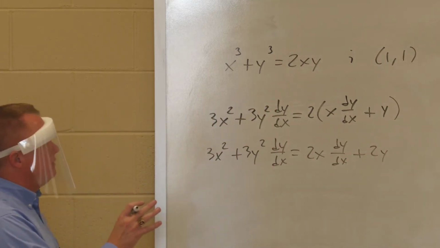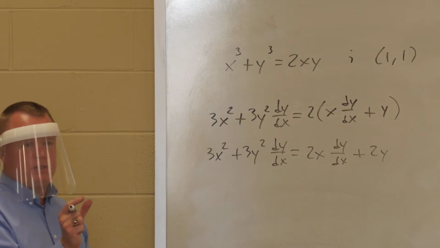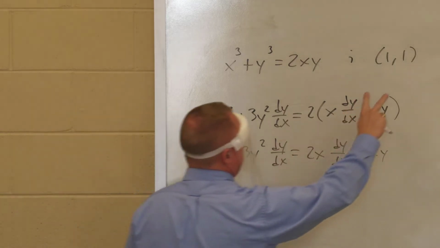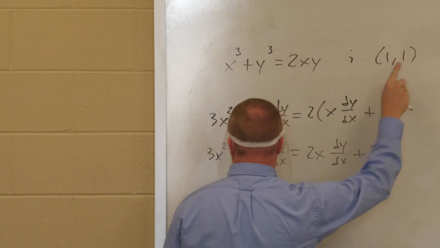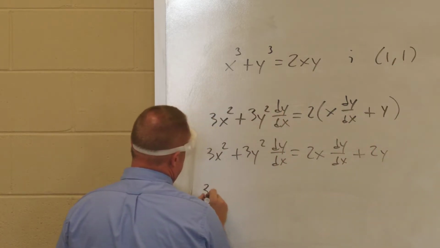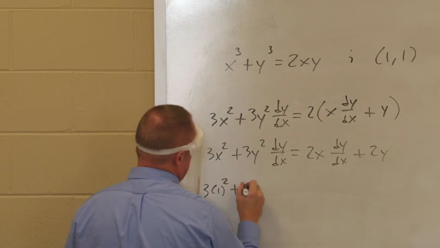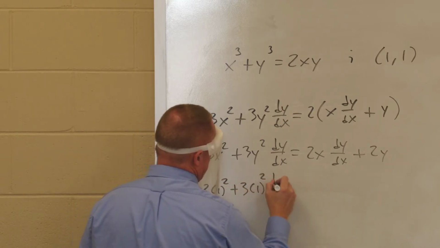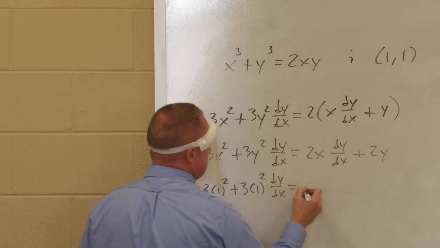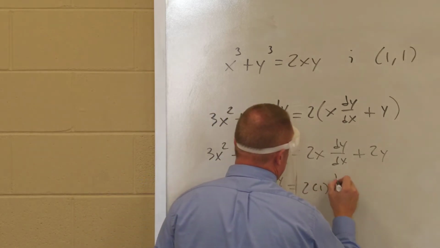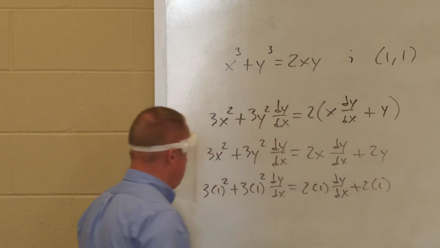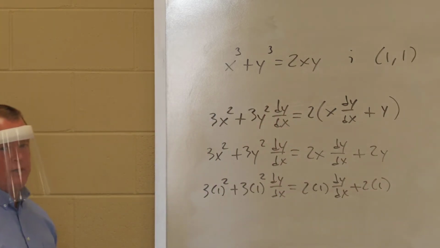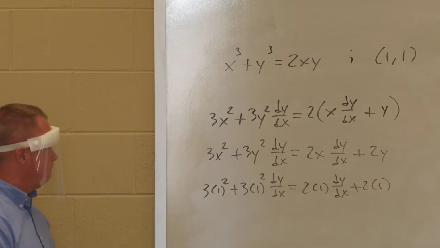And I'm going to plug in the point where I'm trying to find the slope of the tangent line. So the point is 1, 1. So every time I see x, I put in 1. Everywhere I see y, I put in 1. So I would have 3 times 1 squared plus 3 times 1 squared dy dx, equals 2 times 1 dy dx plus 2 times 1.